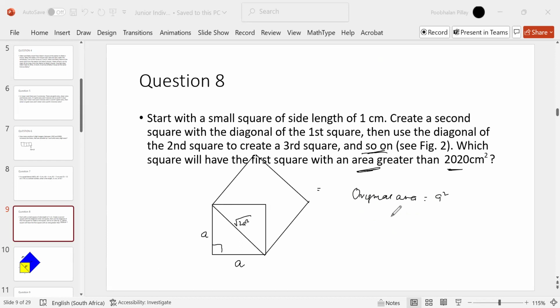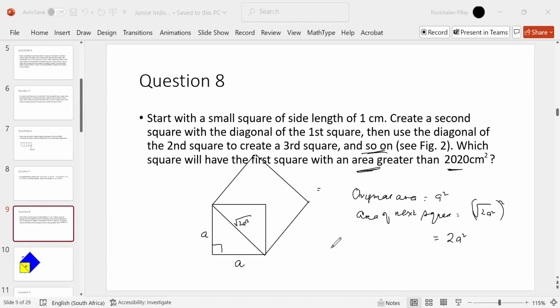Right. So what is the area of the next square? It will be the square root of 2A squared, and you square it. When you take a square root and square it, you're going to come back to the original.